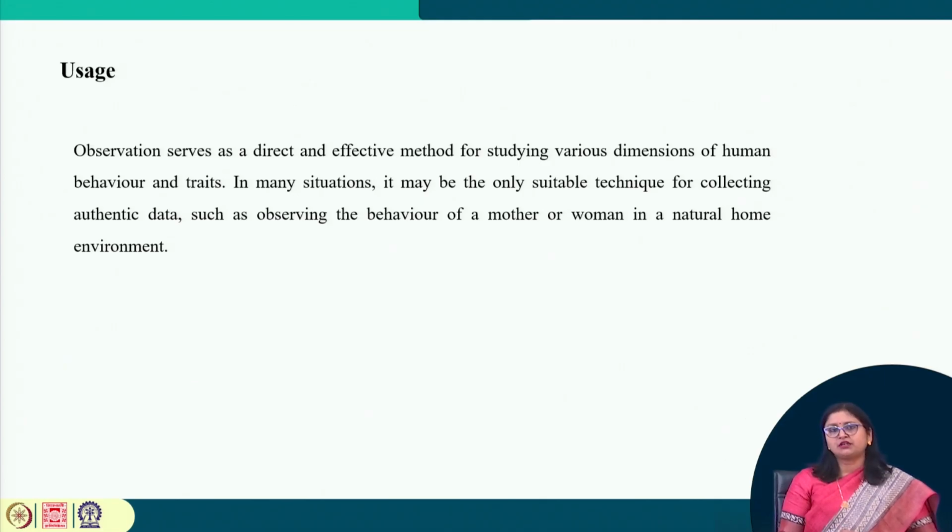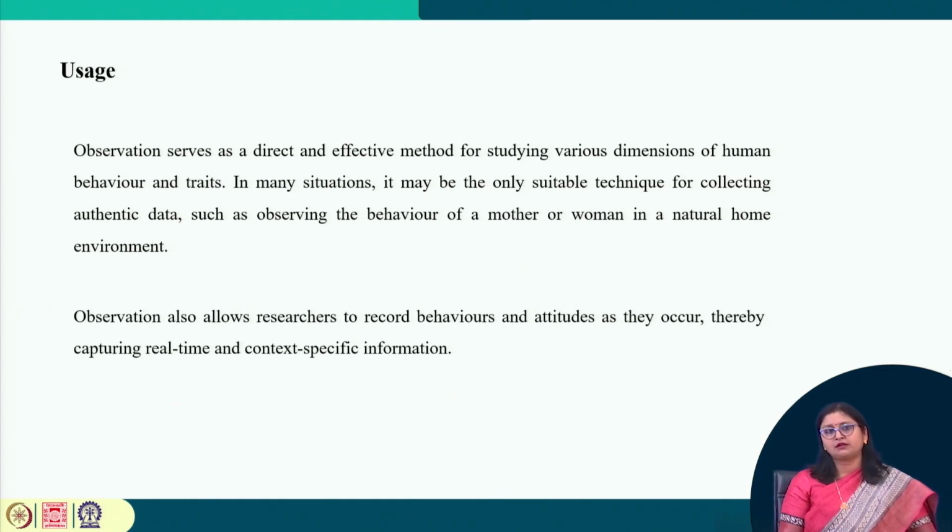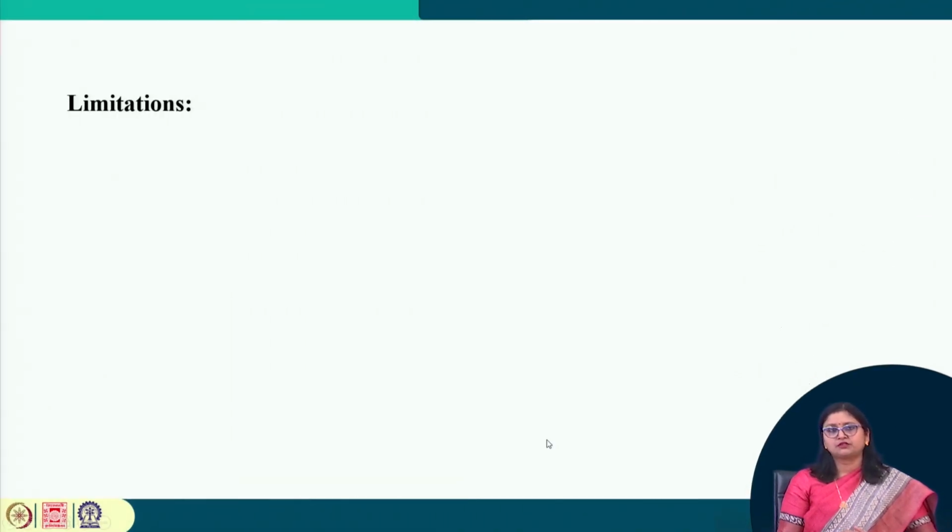In many situations, it may be the only suitable technique for collecting authentic data, such as observing the behavior of a mother or a woman in a natural home environment. Observation also allows researchers to record behaviors and attitudes as they occur in the natural setting, thereby capturing real-time and context-specific information very nicely.